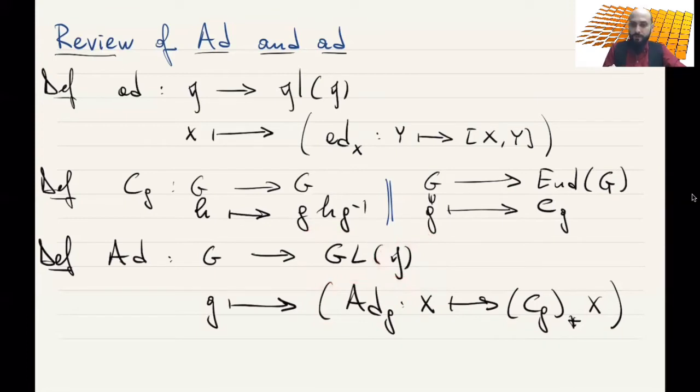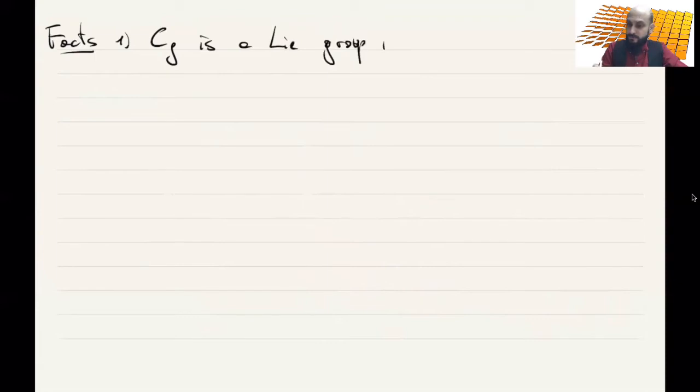Now some more facts about these three maps. I already said the conjugation is a Lie group diffeomorphism, isomorphism.